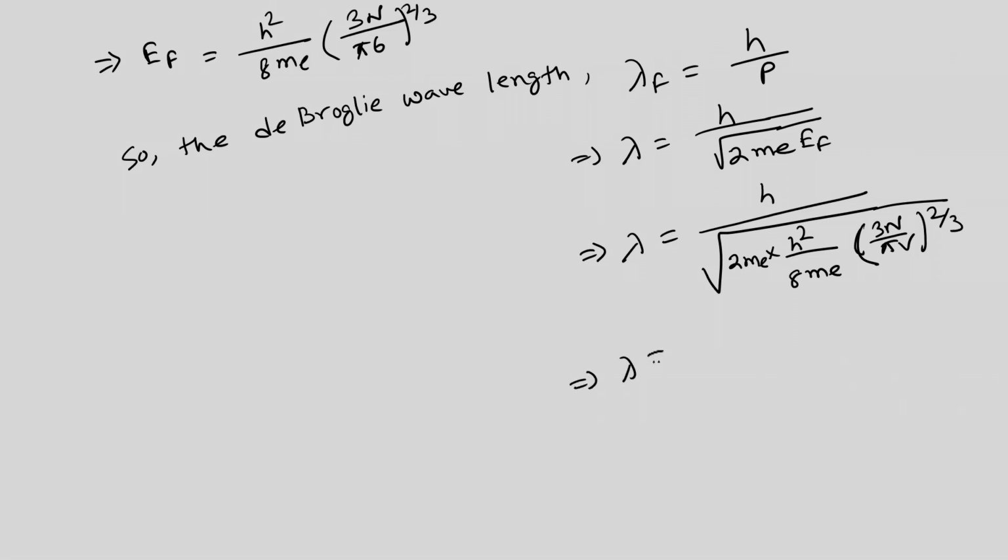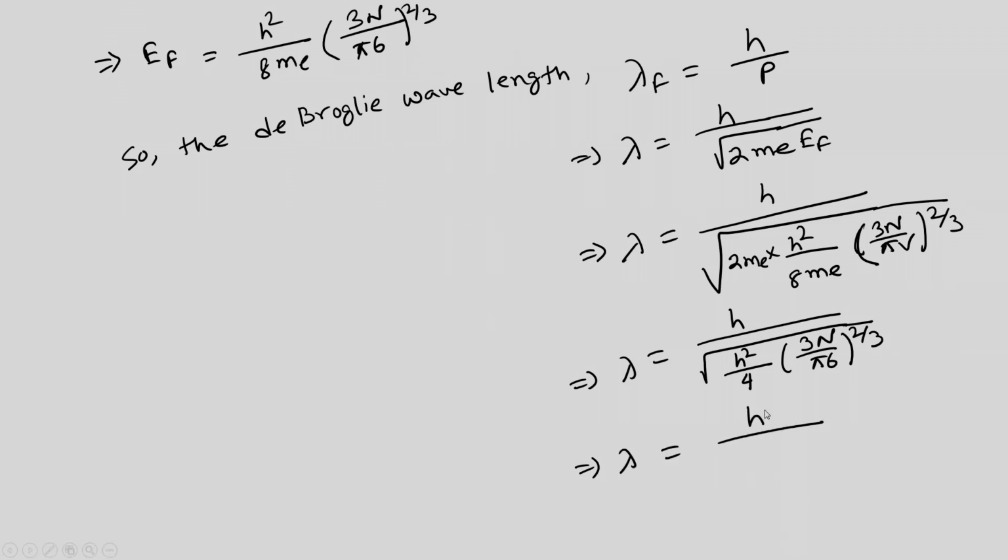So, you get lambda is h by root over h square by 4 times 3n by pi v to the 2 by 3. And if we further simplify, h and h get cancelled, so we get 1 by half, 3n by pi v to the 1 by 3.